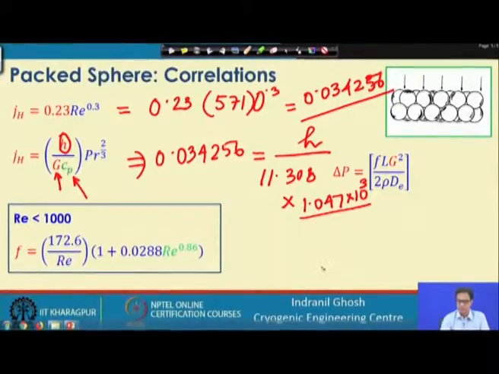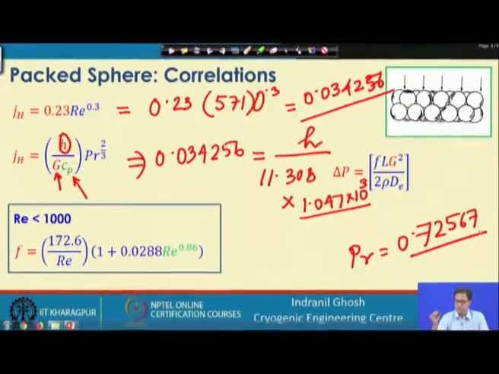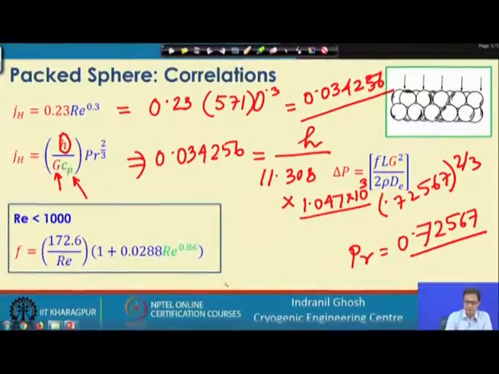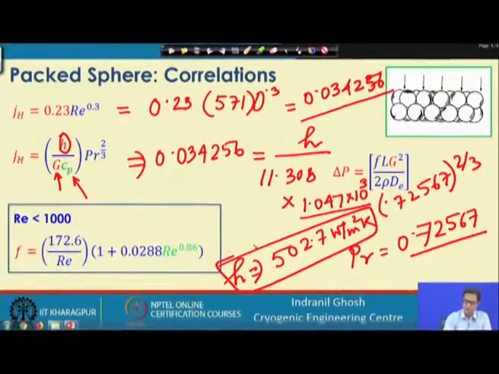So, this is the value of Cp, and we also have the value of the Prandtl number, Pr, which is 0.72567. So, we have to put that Prandtl number here, 0.72567 to the power 2/3, and accordingly we will find that the heat transfer coefficient will come out to be 502.7 watt per meter square Kelvin. So, this is what is needed for this heat transfer, that is what we are looking for.